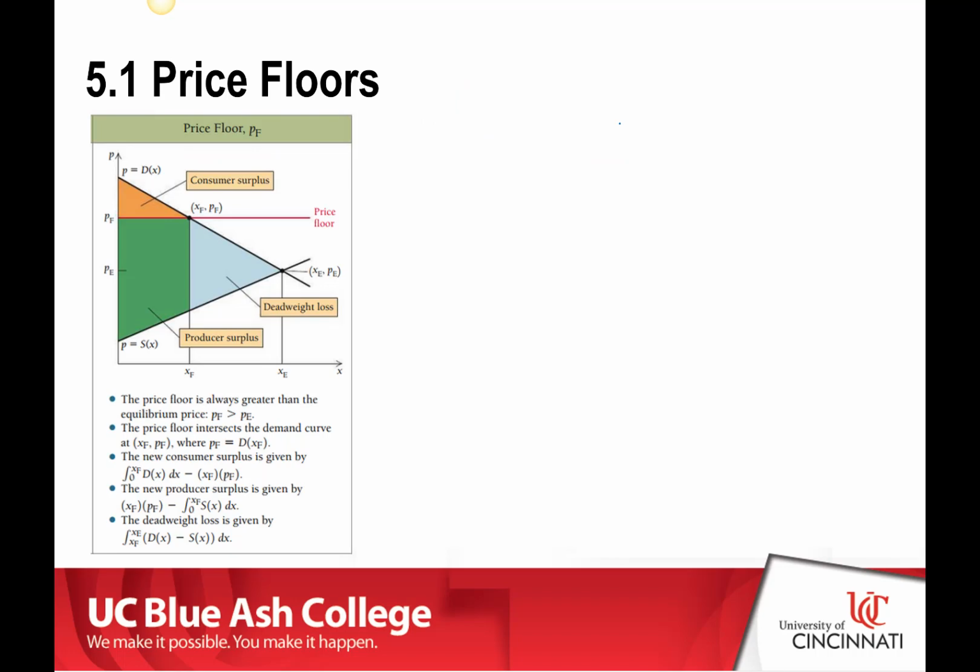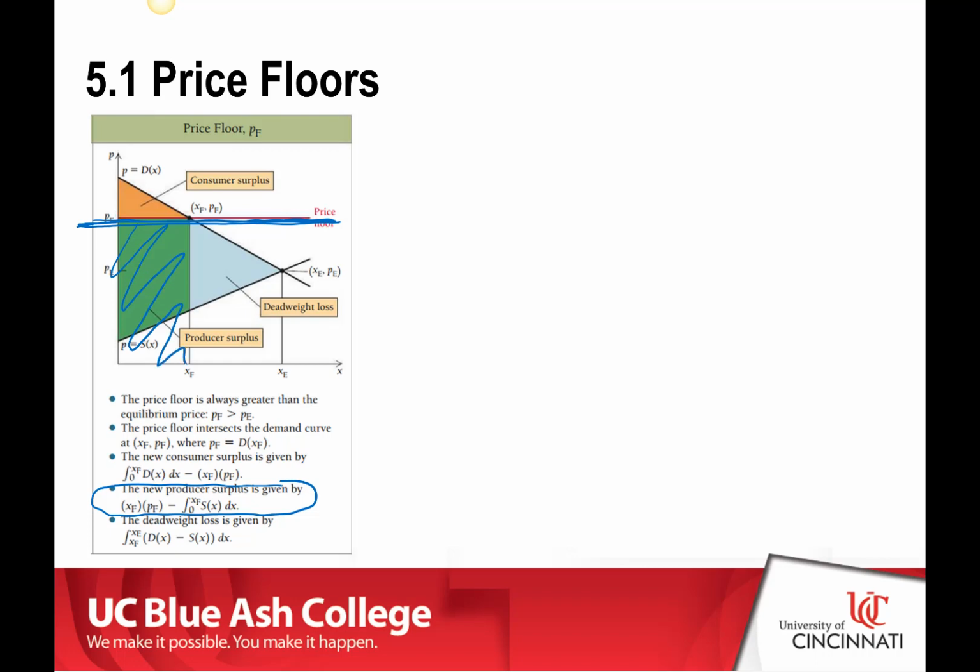In the case of the producer surplus, it's going to work out very similar to what was done before, with some minor changes. Once again, we want the area below the price line. To compute that area, we can compute the entire area.